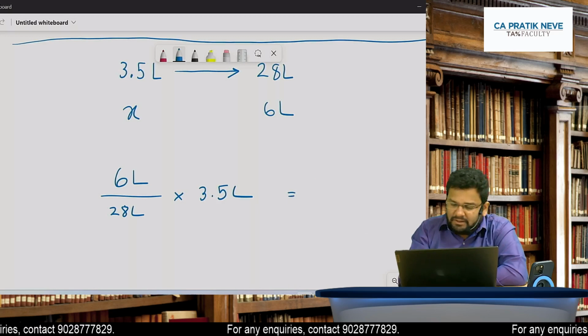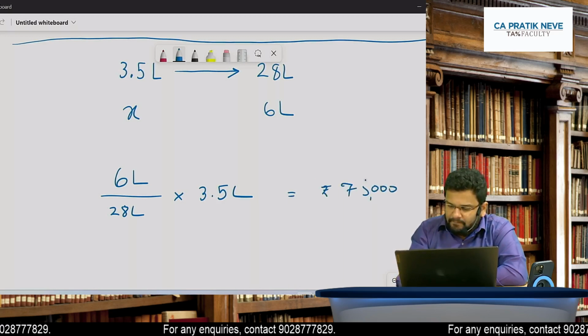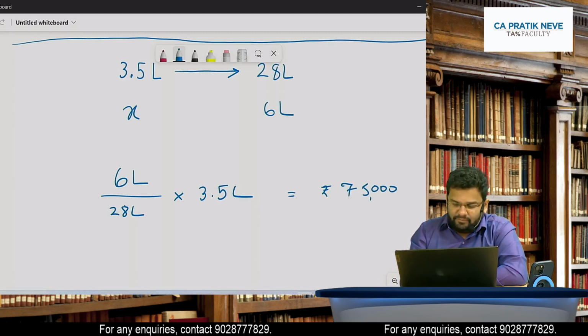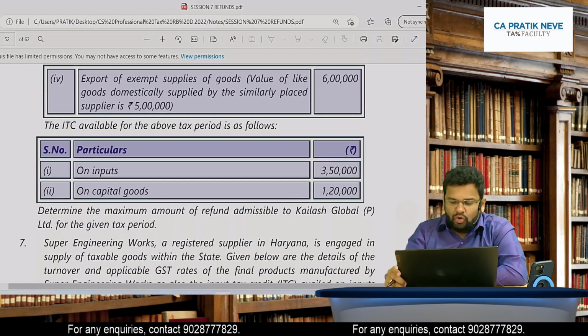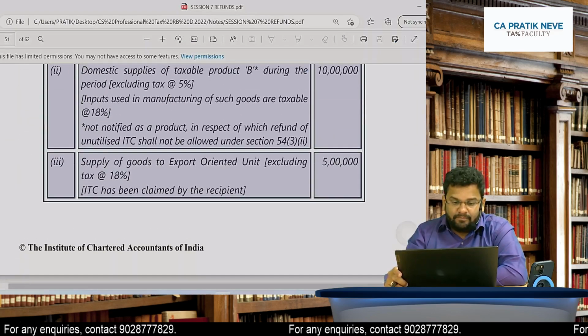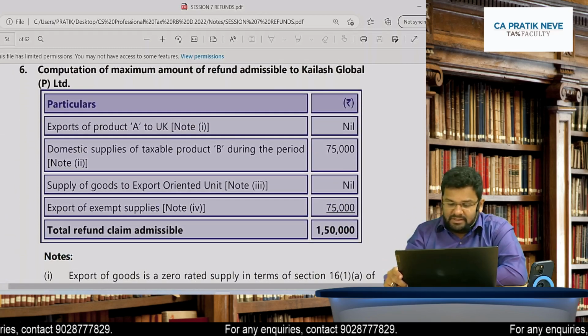Answer would be rupees 75,000. Did you understand? Go to it and try to check the solution. 75,000.